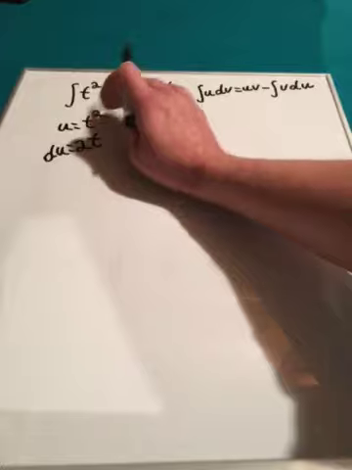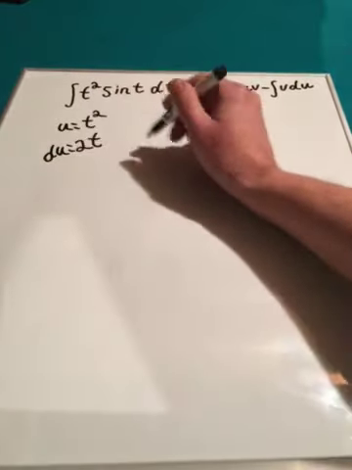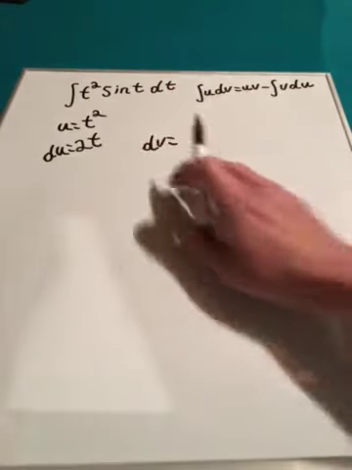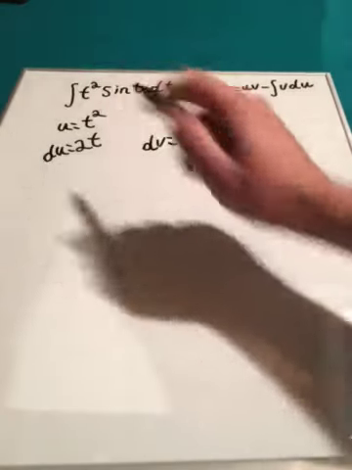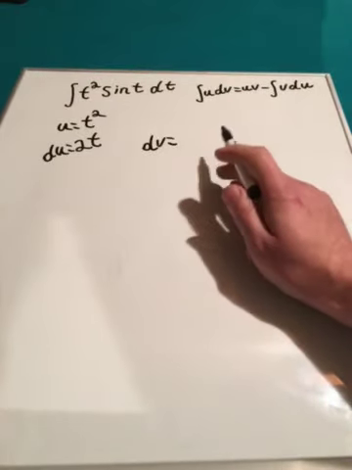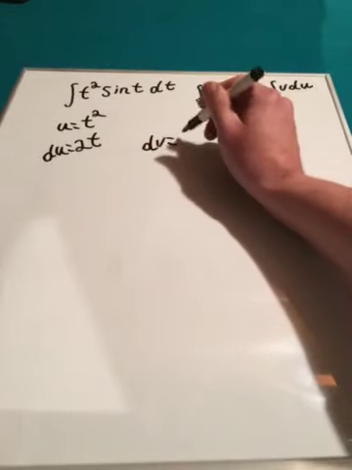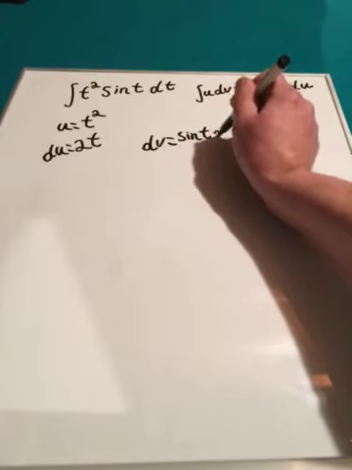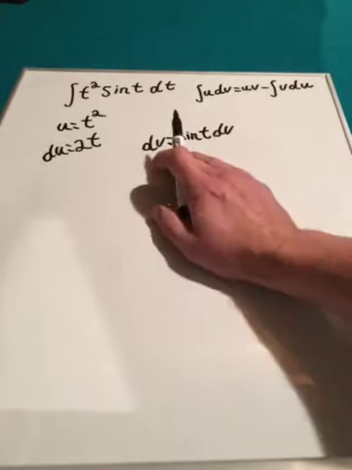So if u was t squared, then our dv, which we're going to put down kind of diagonal like this, is what's left over. So dv is sine of t dt. Okay, and then what is v?